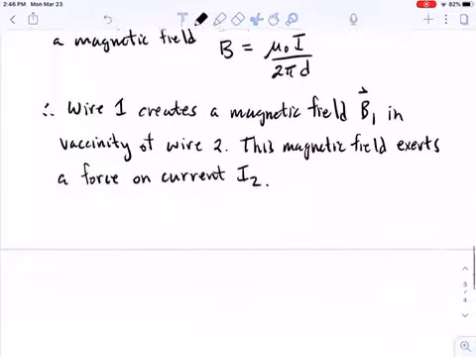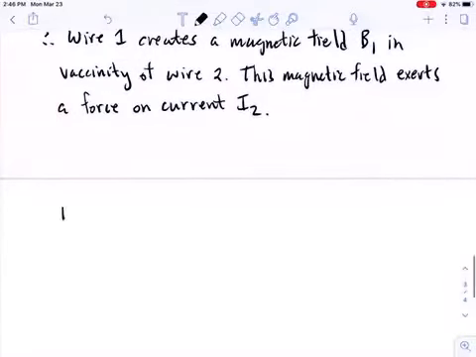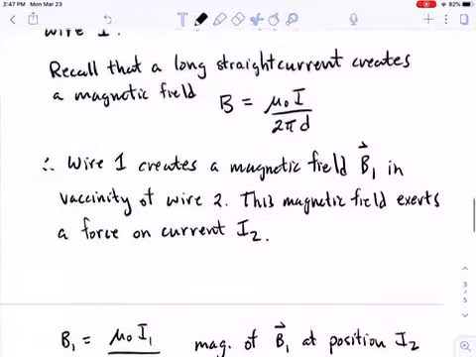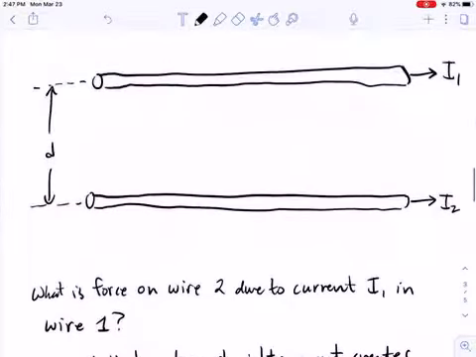Okay, so B1 is equal to mu naught I1 divided by 2 pi d, and so this is the magnitude of the magnetic field vector B1 at the position of I2, because we said our two wires were separated by a distance d.